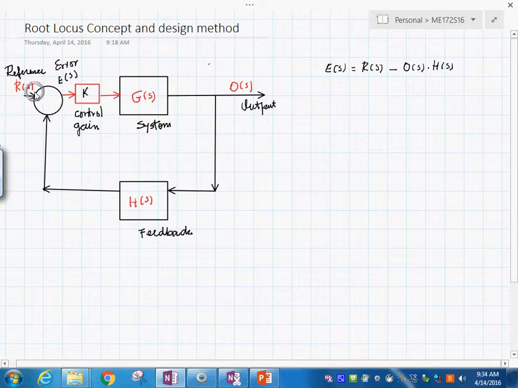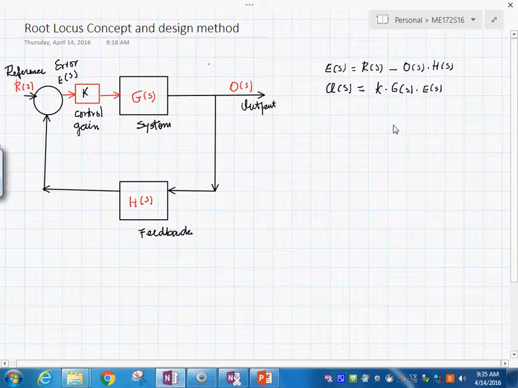Right? It is this signal minus this signal. That's what it's saying. And then you say that the output in here is equal to K times G of S times the error, right?